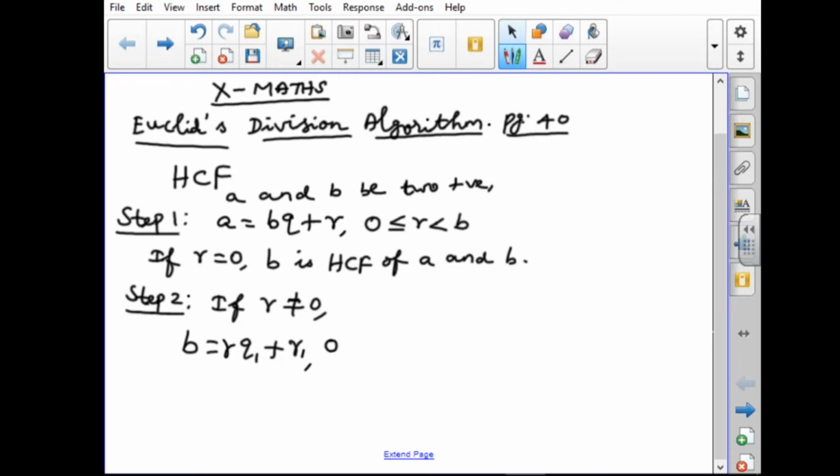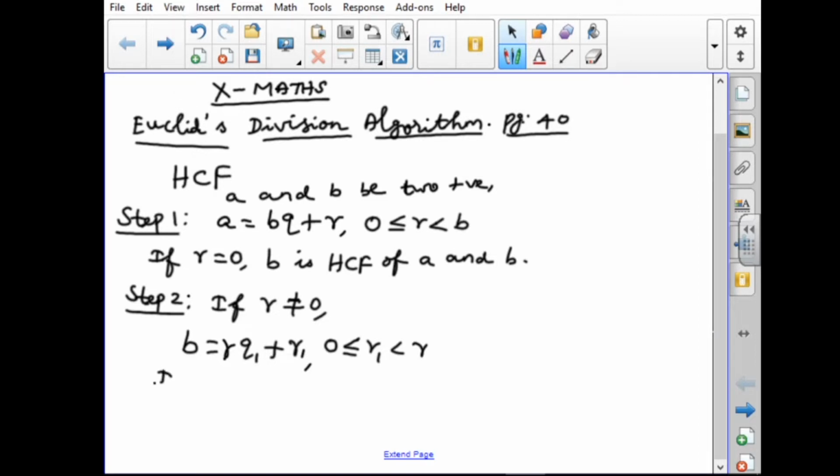So the condition is that R1 lies between 0 less than or equal to R1 less than R, because here R is our divisor. Here R1 is the remainder, Q1 is the quotient.